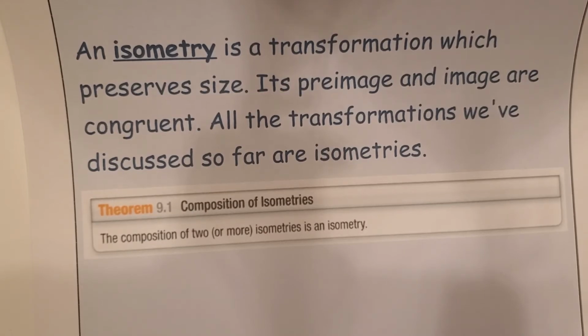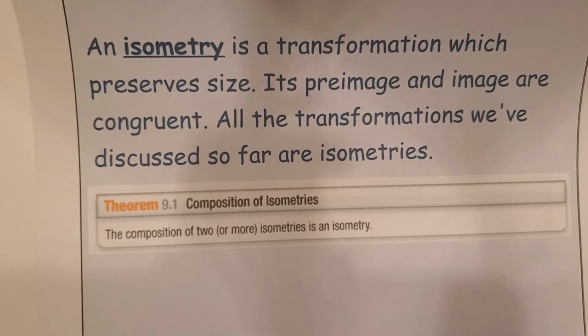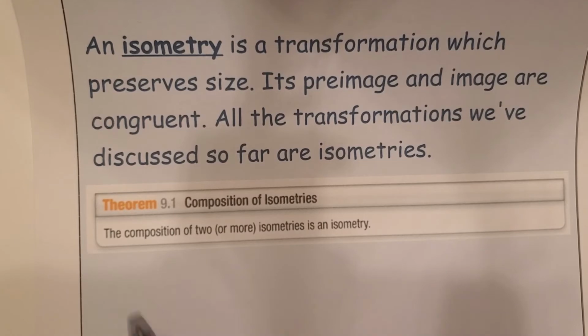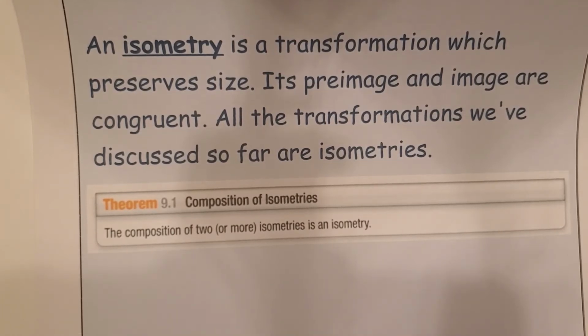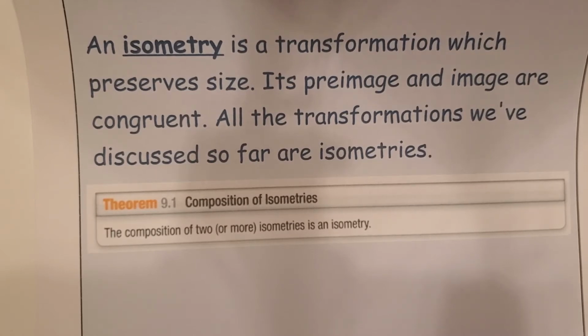We didn't make anything bigger or smaller. So everything we talked about up to this point is an isometry. And if you're doing a composition of transformations with just isometry transformations, your end result is also going to be an isometry. It's going to be exactly the same shape and size as the original figure. That's all this theorem is saying.